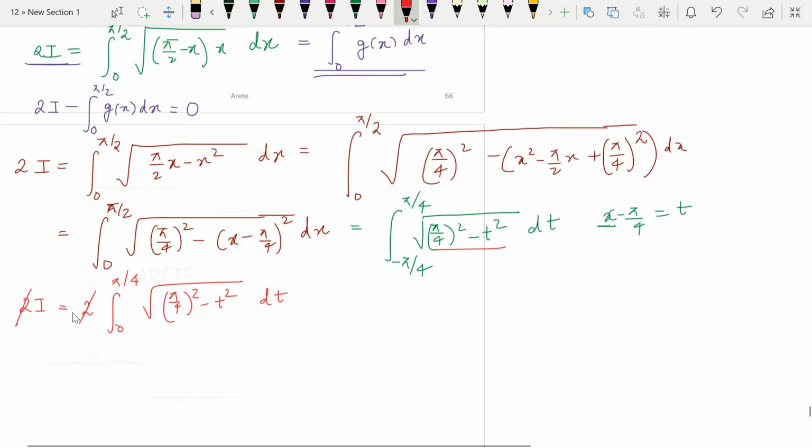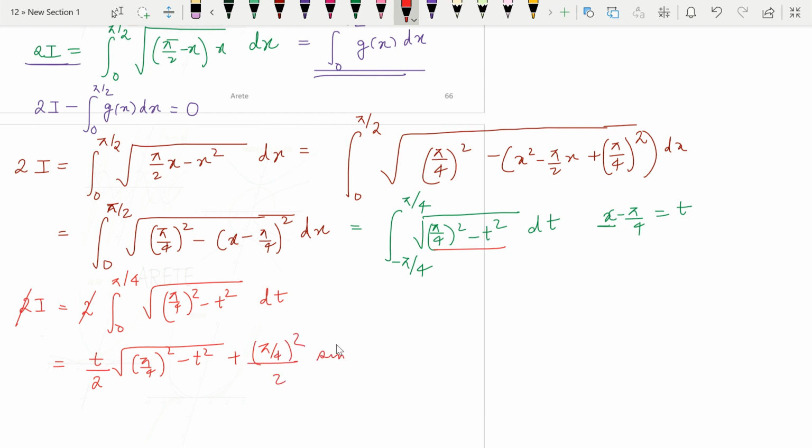Now you use your formula. Do you remember the formula? x by 2 under root a square minus x square plus a square by 2 sine inverse x by a. That's your formula. Now you just put the limits. So what happens when you put the upper limit? On the upper limit, this goes to 0, and only this remains.